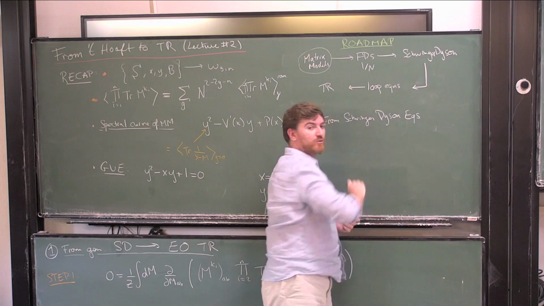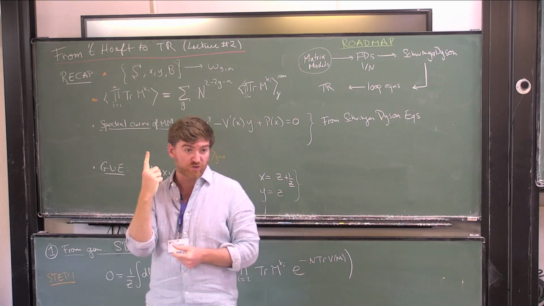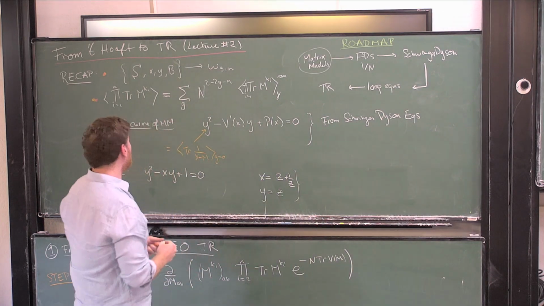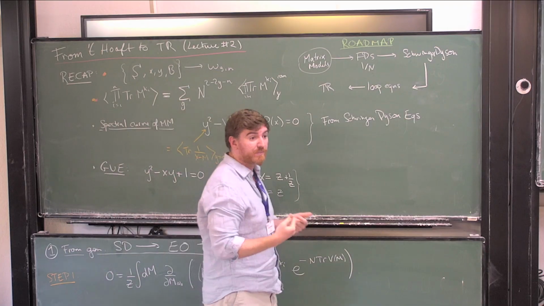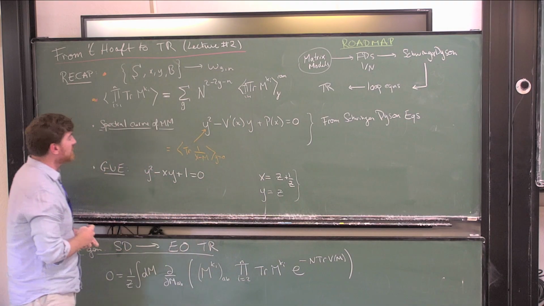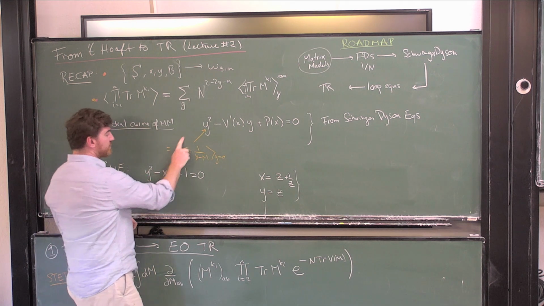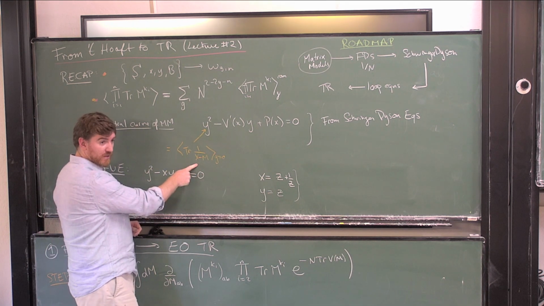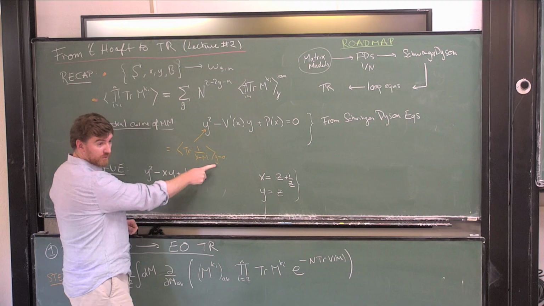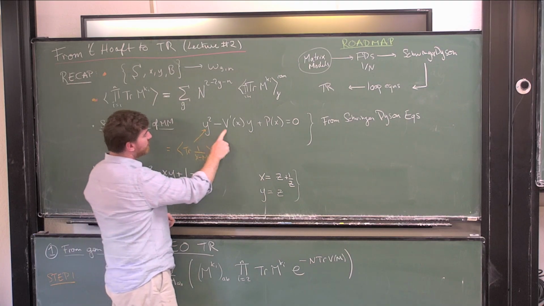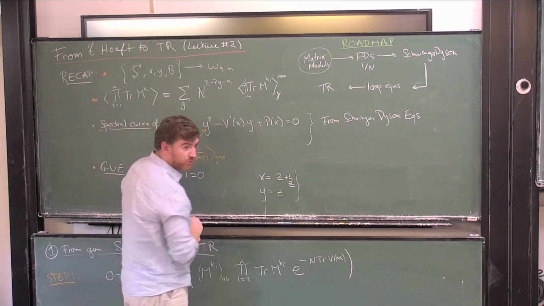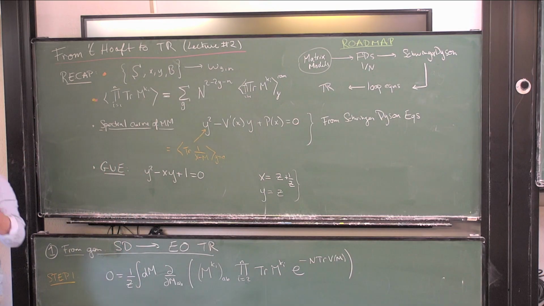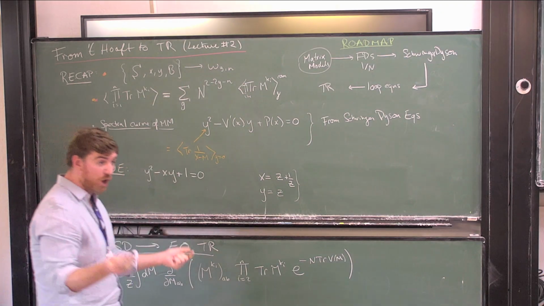We applied that for the expectation value of just one trace, and we derived an equation that we called the spectral curve. Let me remind you what this equation was. We found that this resolvent, which would be written as such, satisfied an equation, the genus 0 part, which was y squared minus V prime of x times y plus a polynomial in x is 0. If we think of both y and x as complex variables, this defines a complex curve.